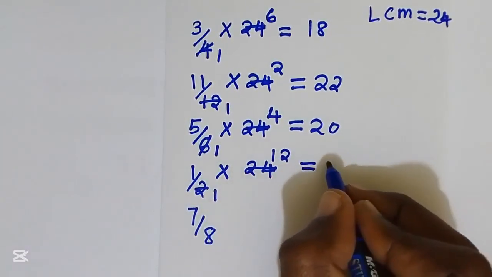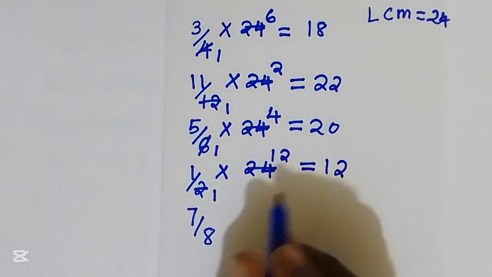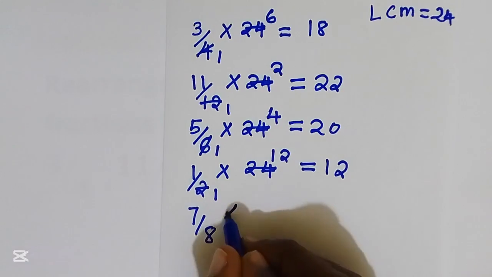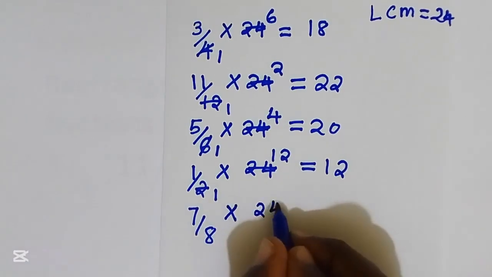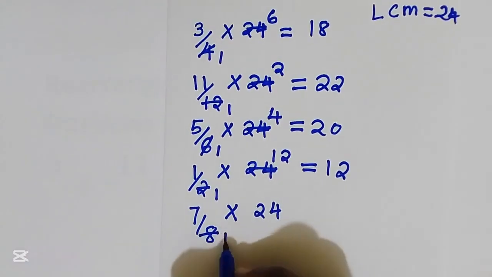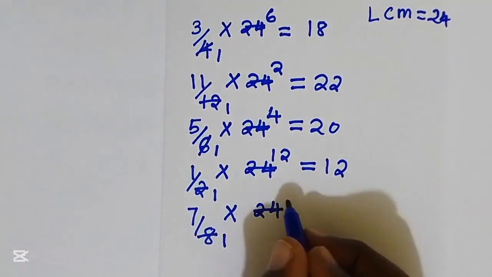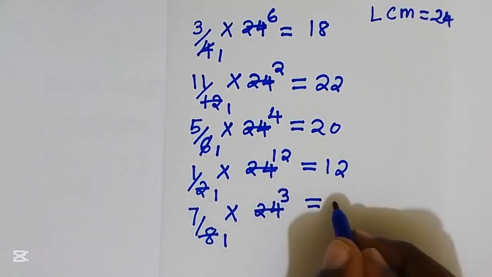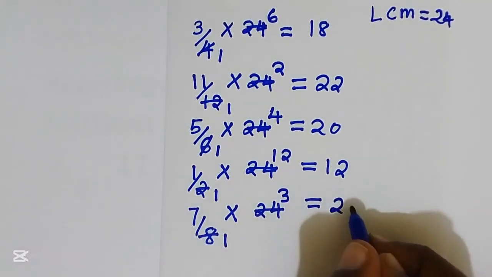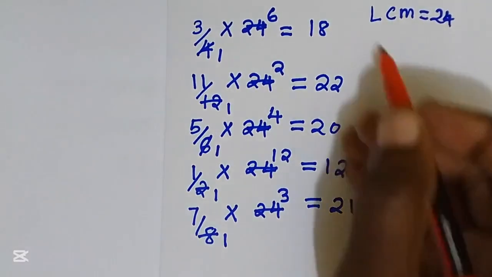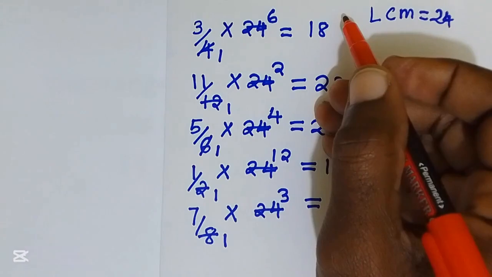We got 12. Lastly, 7 over 8 multiplied by 24. By 8, 1. By 8, 3. 7 multiplied by 3, we get 21. Now we can easily arrange these numbers in ascending order.